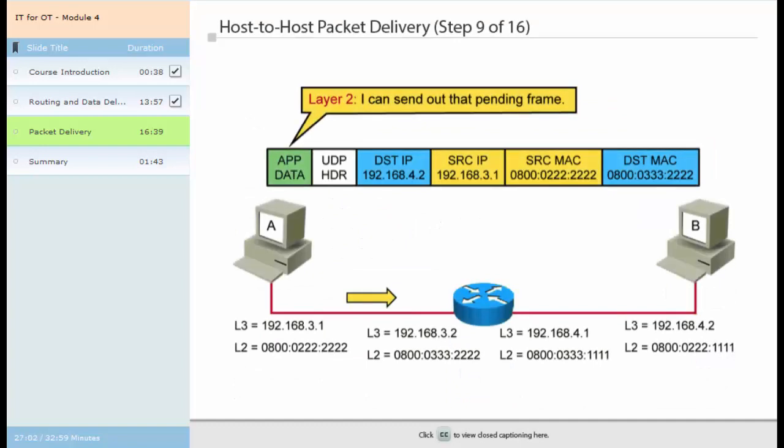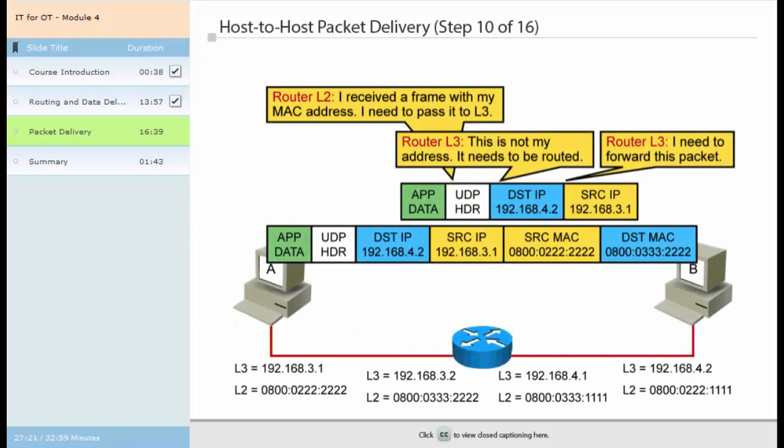Now the layer 2 frame with the application data can be sent to the default gateway. The pending frame is sent with the local host IP address and MAC address as the source. However, the destination IP address is that of the remote host, but the destination MAC address is that of the default gateway. When the frame is received, the router recognizes the MAC address and processes the frame.